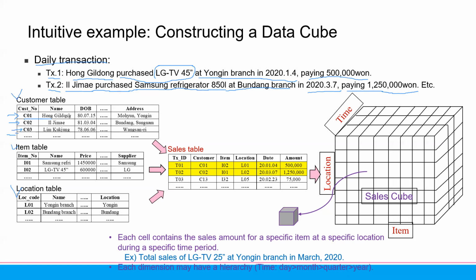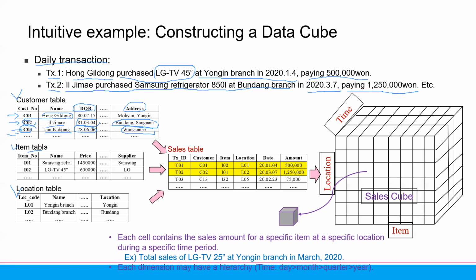The customer 1 is Hong Gil Dong. This is the date of birth, and this is the address. For example, in C02, Il Jime, and this is the date of birth, and he lived in Bundang, Seongnam. The customer number 3, this is the name, and this is the date of birth, and he lived in Wangsan-ri, Wangsanbo.